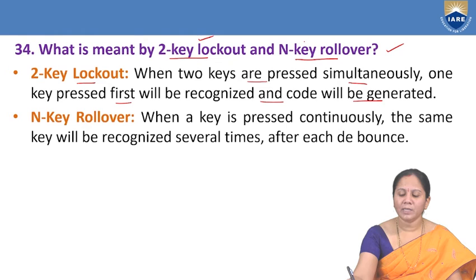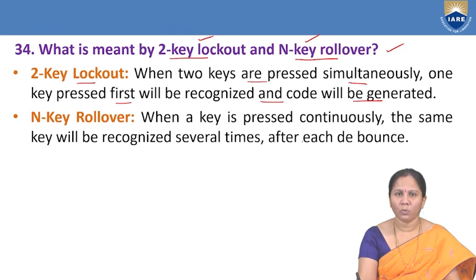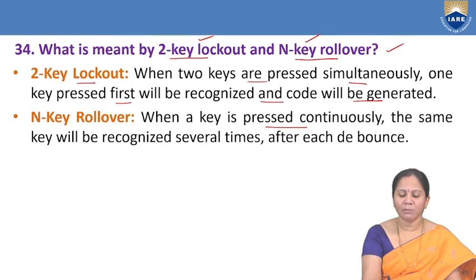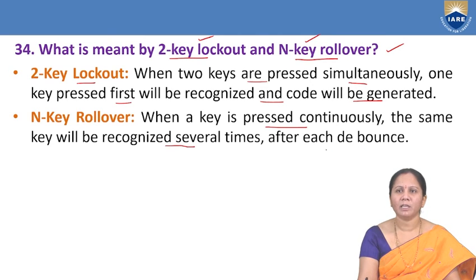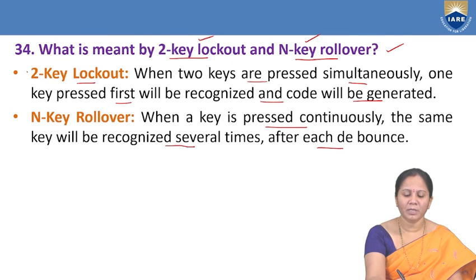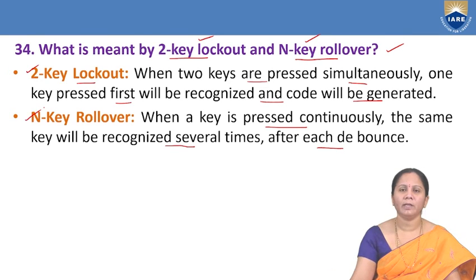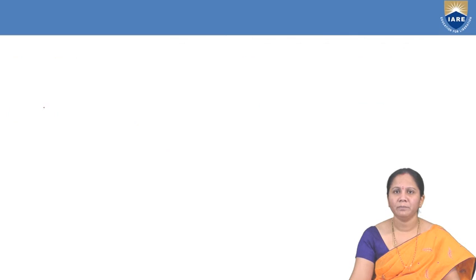Whereas in N-key rollover, when a key is pressed continuously, the same key will be recognized several times after each debounce. So this is the meaning of 2-key lockout and N-key rollover.